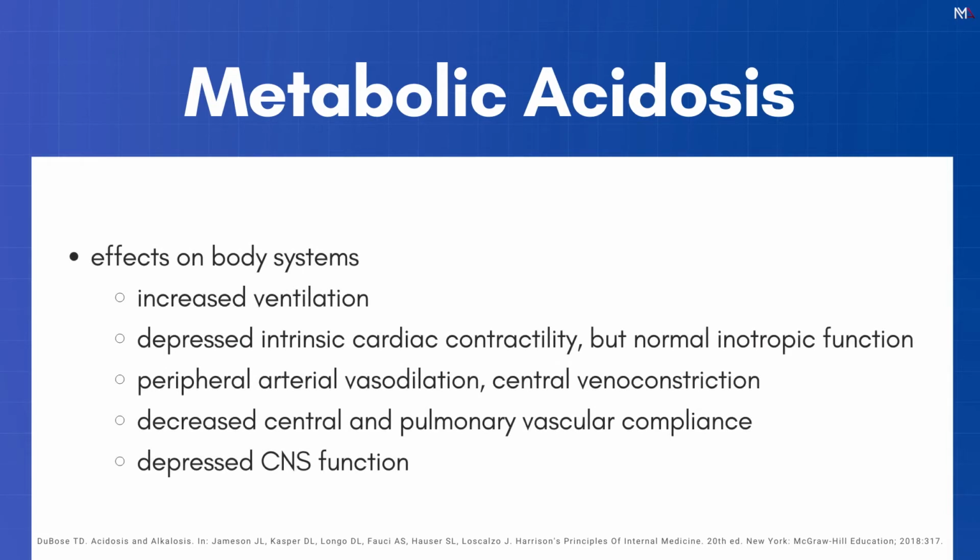It has various effects on the body, such as increased ventilation due to decrease in pH, depressed intrinsic cardiac contractility but normal inotropic function due to catecholamine release, peripheral arterial vasodilation and central venous constriction, decrease in central and pulmonary vascular compliance, and depressed CNS function manifested with headache, lethargy, stupor, and even coma.